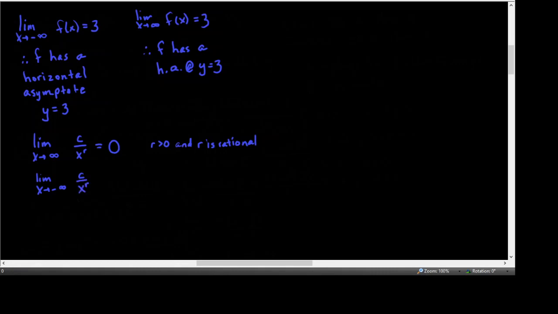Basically, if x to the r is defined when x is negative, then this too will go to 0. Of course, if r is 1/2, you won't have a limit as x goes to negative infinity for that one. So it has to be a defined value.